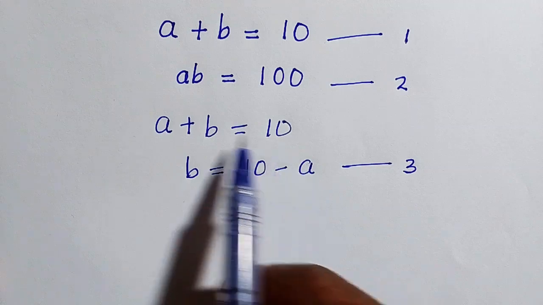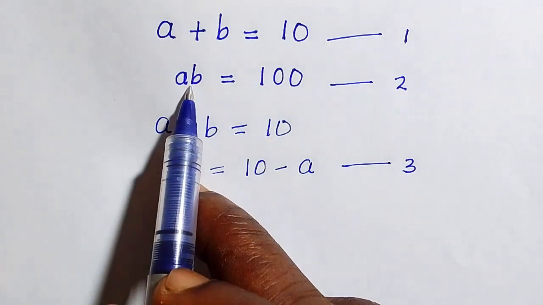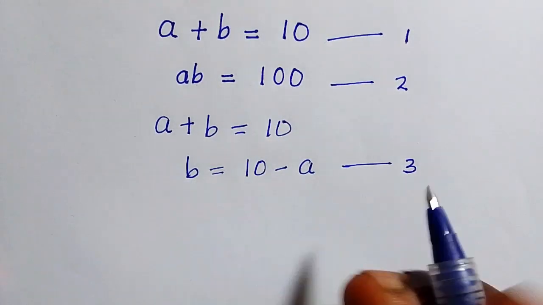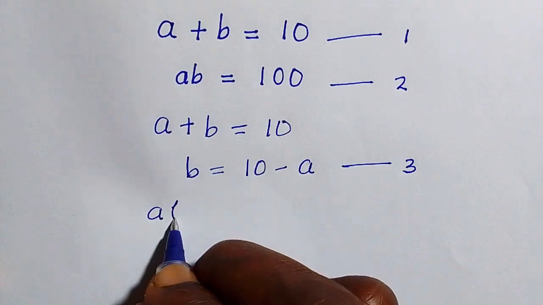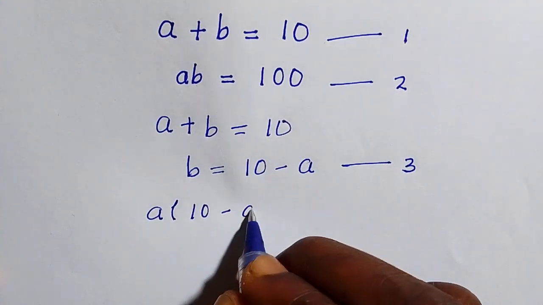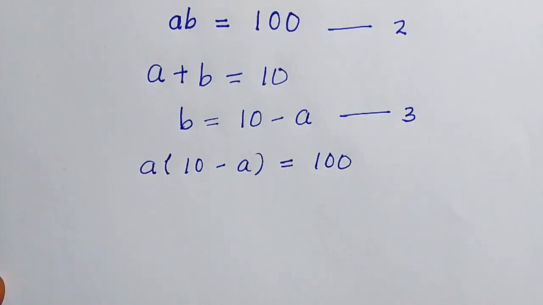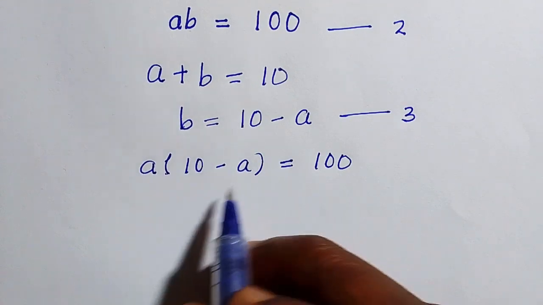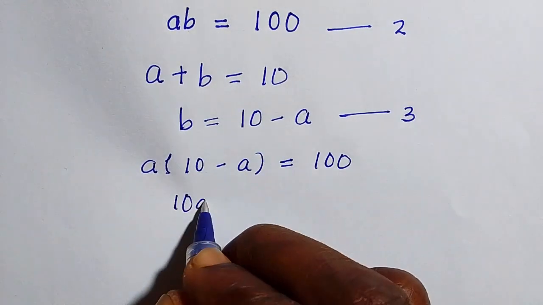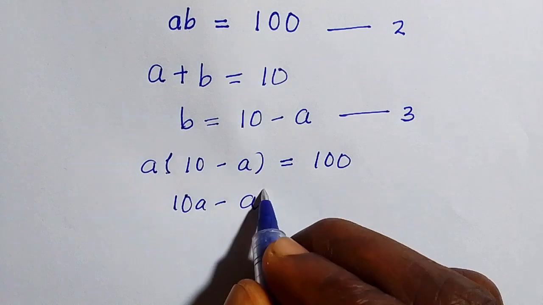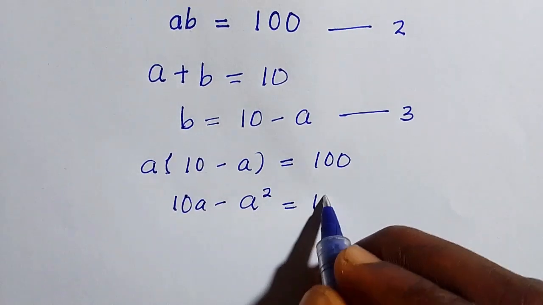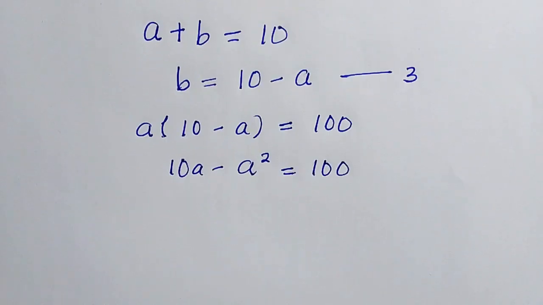By substituting equation 3 into equation 2, that is, anywhere we see b, we replace it with 10 - a, we have a(10 - a) = 100. Then we multiply this out as 10a - a² = 100.